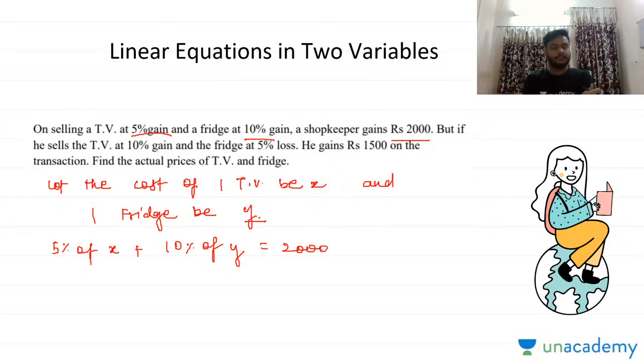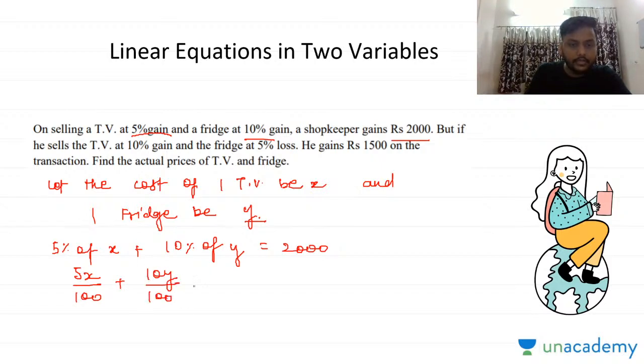Clear? Makes sense? And from here I can say I will have 5x upon 100 plus 10y upon 100, and this is given to you as 2000. Correct, guys? Let's cancel some things.